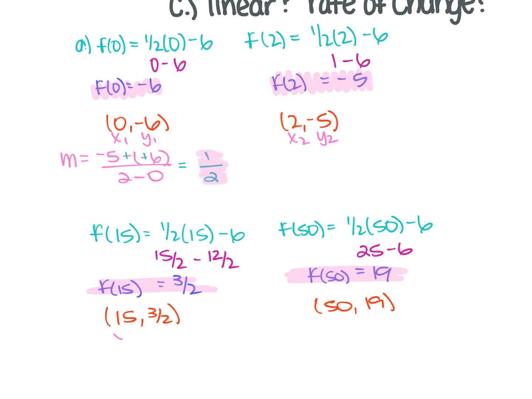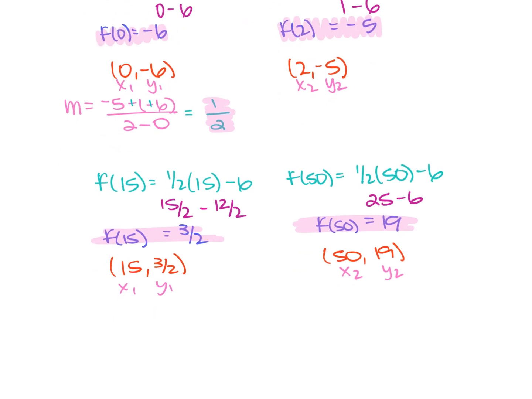I would use your x1 and your y1 as the 15 and the 3 over 2, making your 50 x2 and your 19 y2. To find your slope, you're going to do 19 minus 3 over 2, over 50 minus 15. The 19 minus 3 over 2 has to turn into 38 over 2 minus 3 over 2. And the 50 minus 15 you can keep the way that you see it.